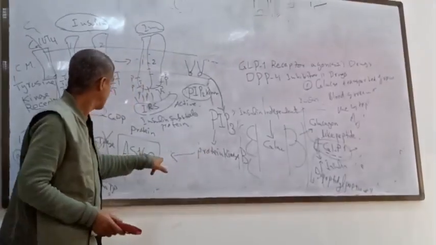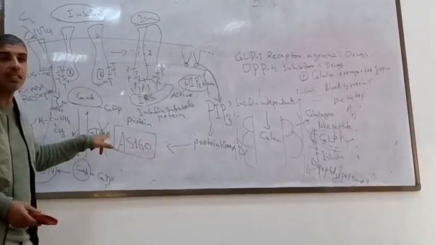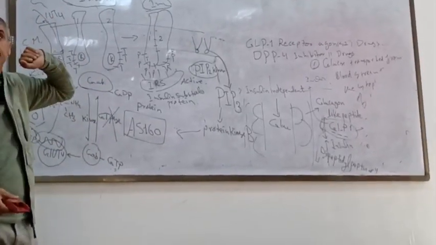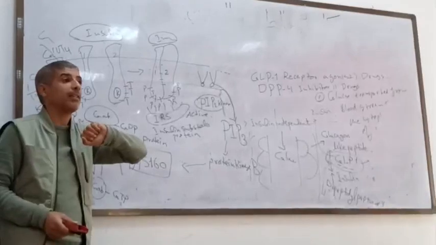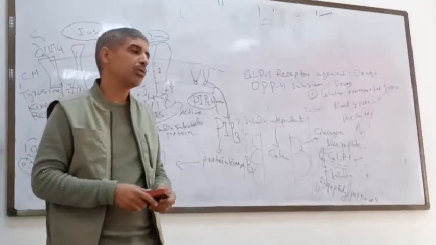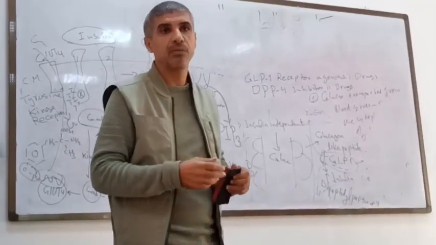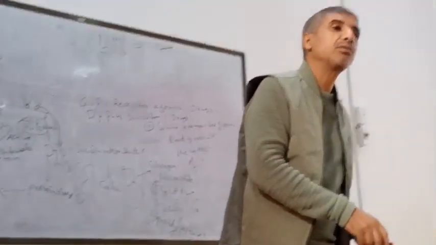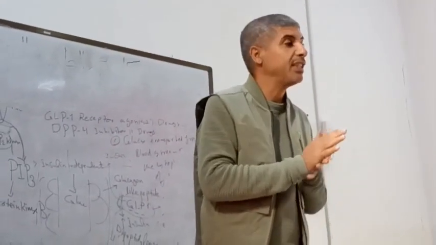In medicine in general they say class 1 and class 2. In class 2, sensitivity to insulin is decreased.